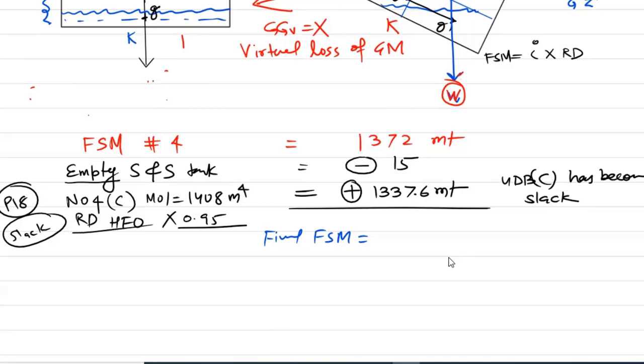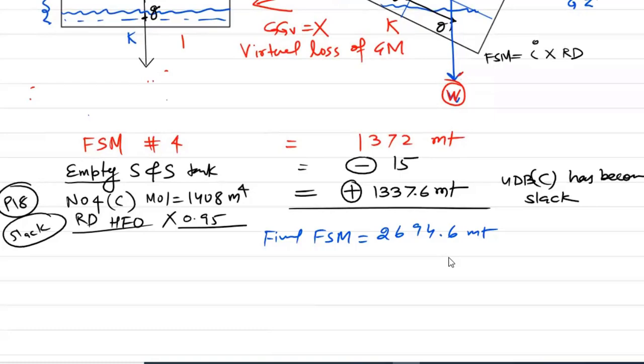We need to find the final free surface moment, and it comes to 2694.6. Are you able to do the maths? We just added 1372 plus 1337.6 minus 15.